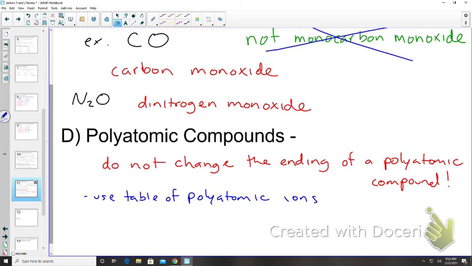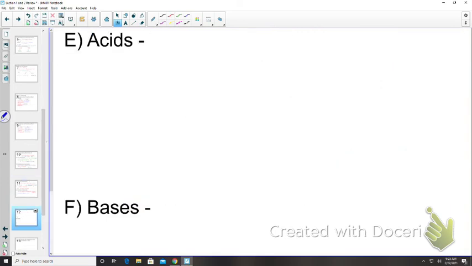All right, almost there. You guys have been great. Okay, naming acids and bases. This is really our last one here. So naming acids. Of course, first you have to recognize if it's an acid or a base or an ionic or a molecular compound.